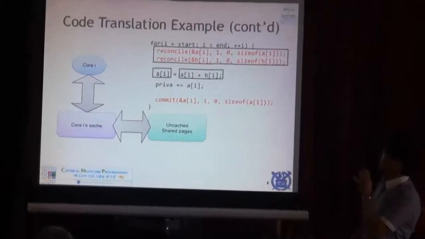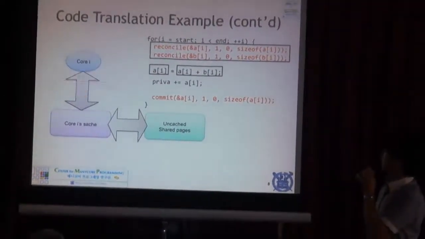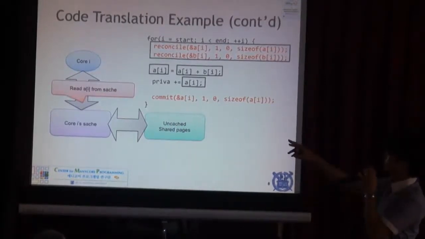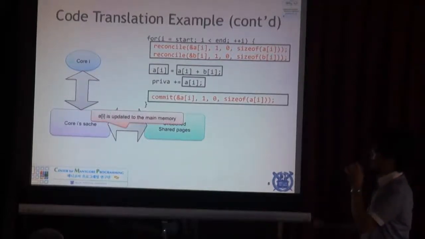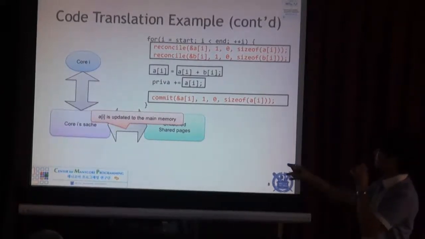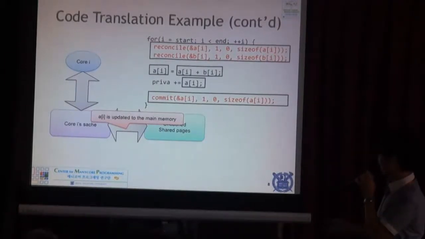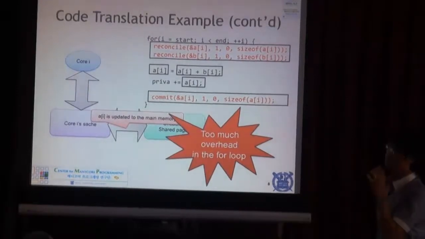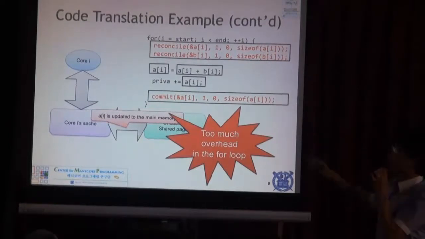This store operation is just performed in the local sache. Since A[i] is now in the sache, the core can just read A[i] from the sache. The last commit operation updates A[i] to the main memory, so after this, other cores can read the updated A[i]. However, it incurs too much overhead because in every iteration of the for loop, we need commit and reconcile operations.